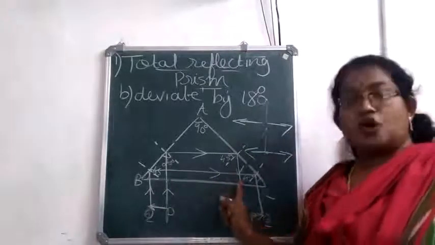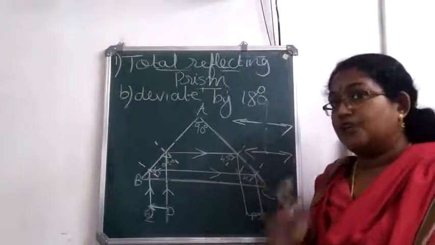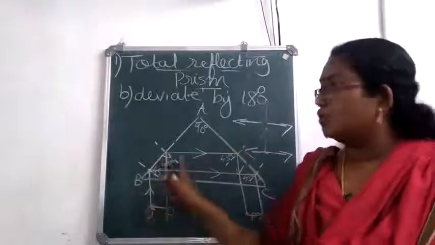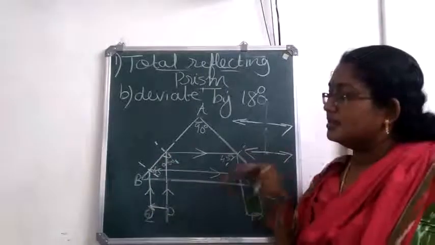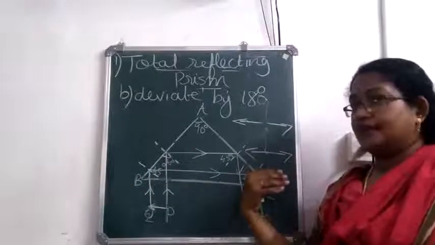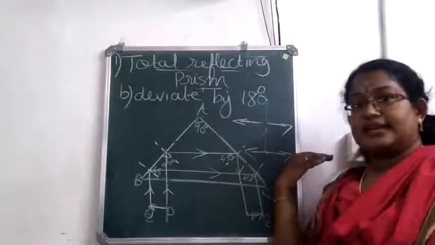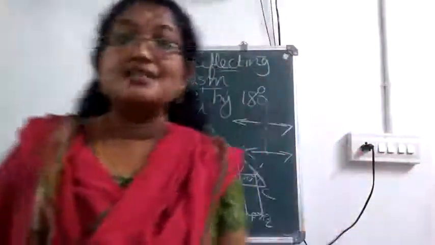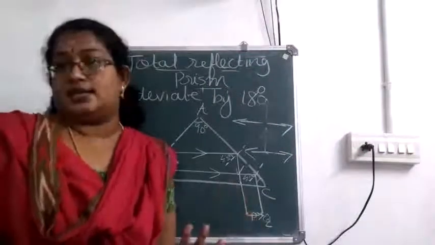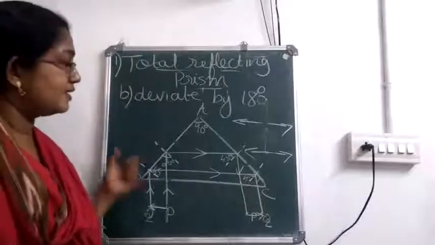Here, since it is normal incidence, the ray gets refracted without any deviation. Same thing I have done from Q also. So what you can see is PQ angotarunna object, but this side when you are getting the reflected one, it is in this direction. That is, the ray gets reflected by 180 degree, and it is used in a binocular or camera.